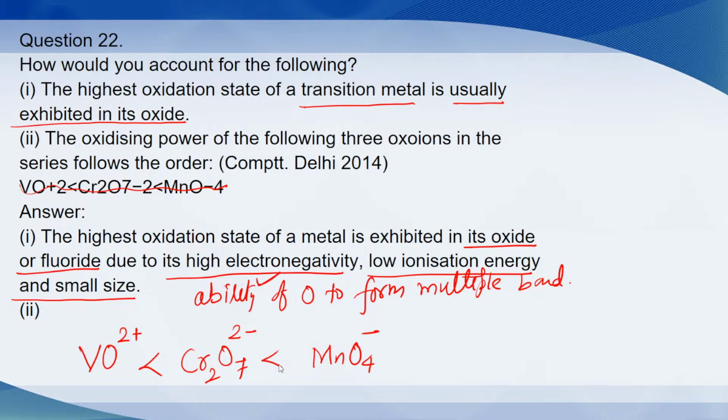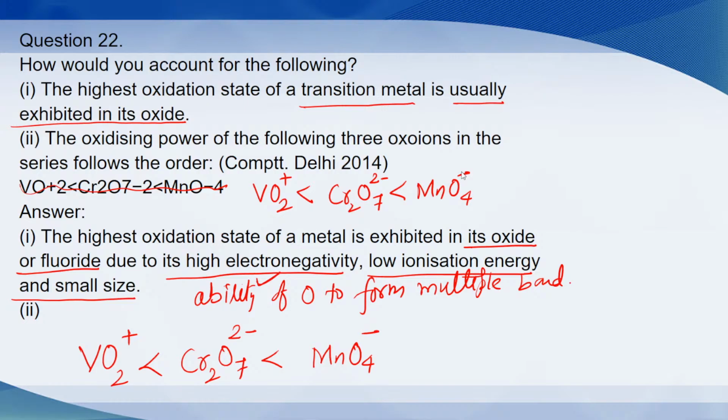I think this question is not covered in the previous lecture. Yes, Pranay. So okay, sorry, it is VO2 plus. Keep in mind it is VO2 plus, that is less than Cr2O7 2 negative, which is less than MnO4 negative.